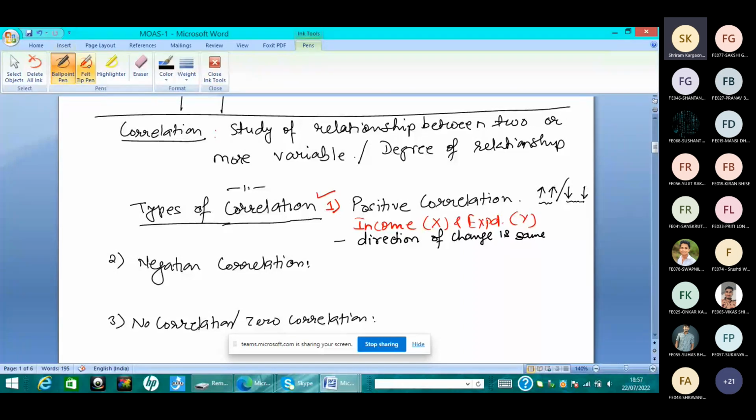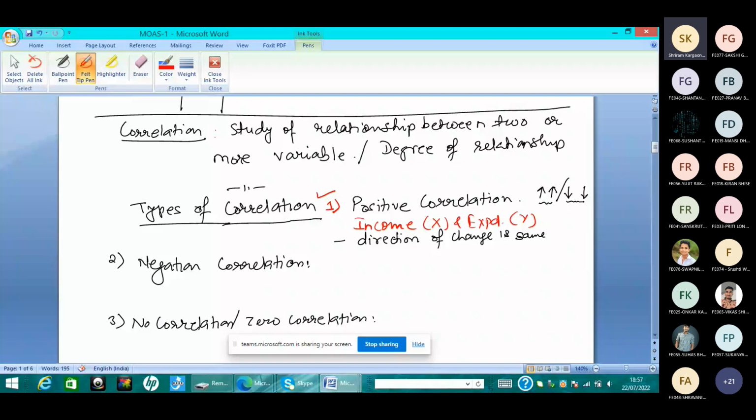Whenever you observe the same direction of change, you call the variables positively correlated. Income and expenditure are one example. Another example is advertising cost and number of sales. The more you advertise, the more money you spend, and sales will increase.